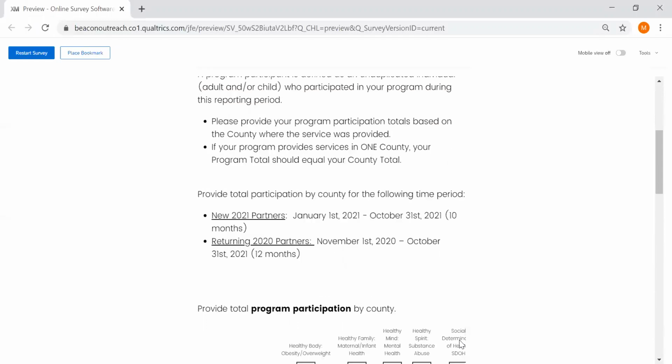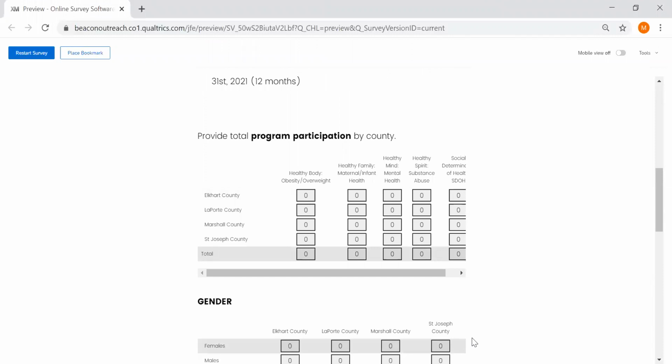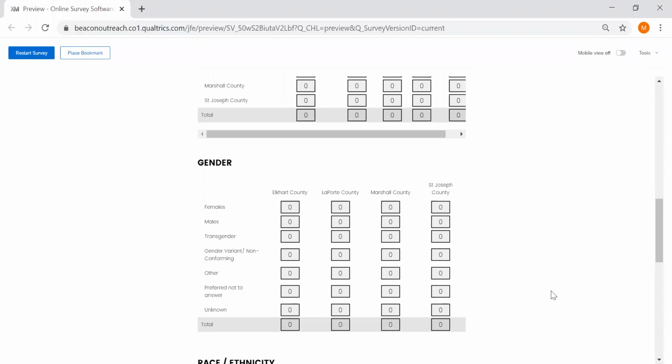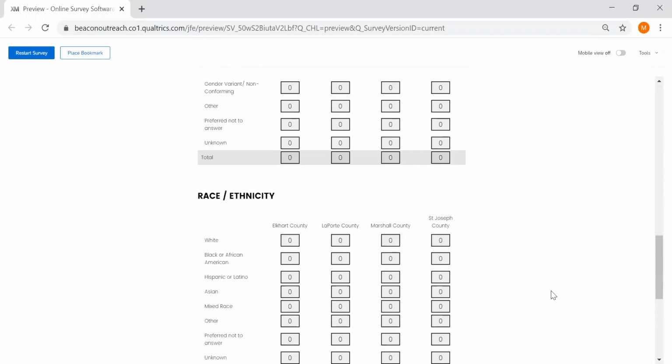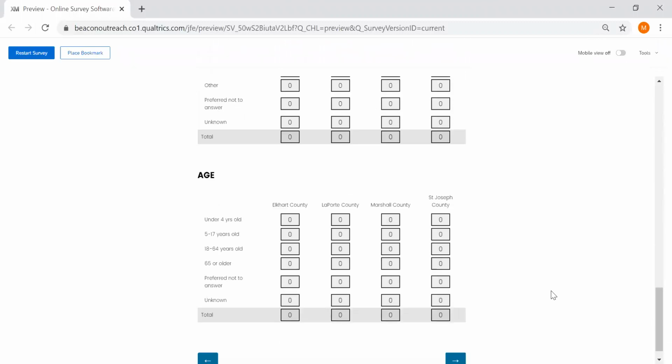Looking at the specific reach questions, there are 4 areas that are required for all programs regardless of priority and tier. They are general participation, gender, race, ethnicity, and age.